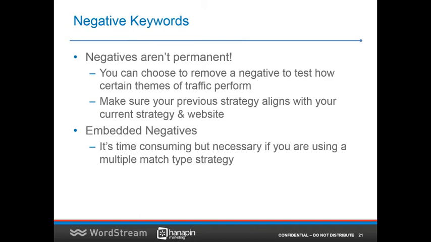So next, embedded negatives. We talked a little bit earlier in the deck about negatives and having a very specific bidding strategy on those negatives. Another way to make sure that you're not overlapping, meaning an exact match keyword is matching within your broad match ad group, is using something called embedded negatives.